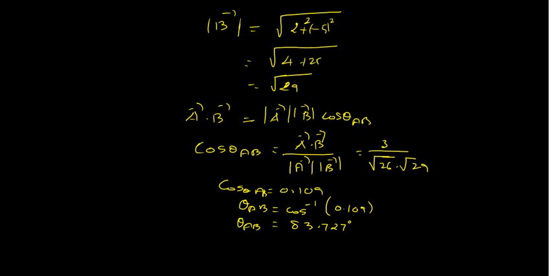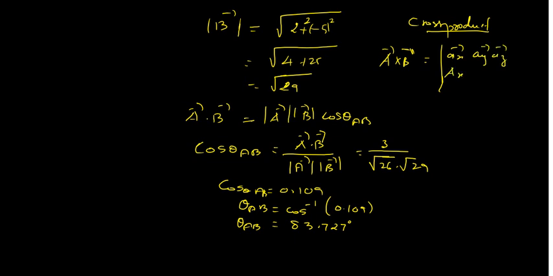Now cross product, you submit it as an assignment. Find the angle using the cross product also, you will get the same value. For cross product you have to use this. This is equal to, first you write the unit vectors, then write down the components AX, AY, AZ, then B, BX, BY, BZ.